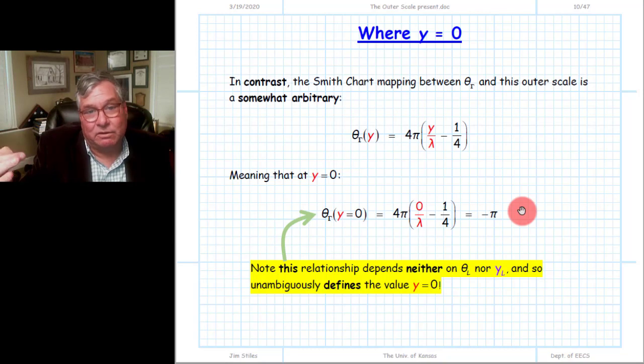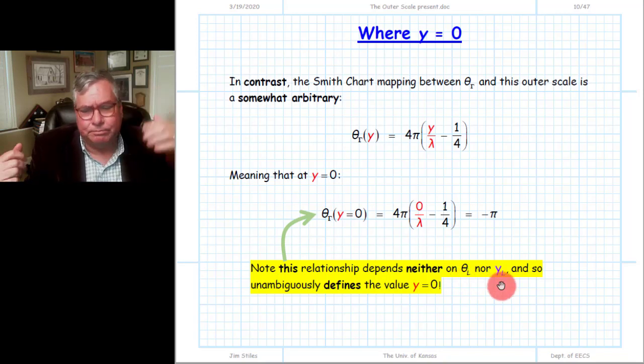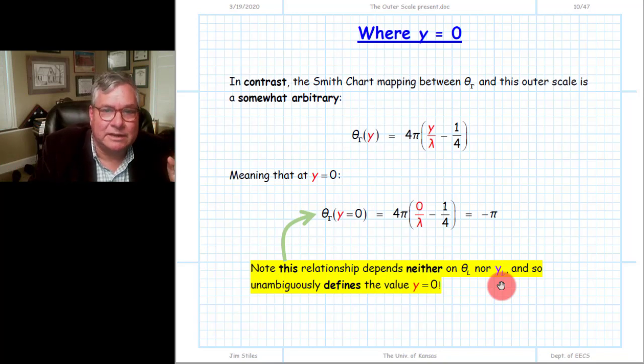Well, this point over here, where the short circuit is, had a phase of minus pi and became more positive as we rotated around. The key thing, again, is that this relationship depends neither on the load reflection coefficient, again, the Smith chart has no idea what that is, nor on the index that is used arbitrarily to set the value of y equal to 0.